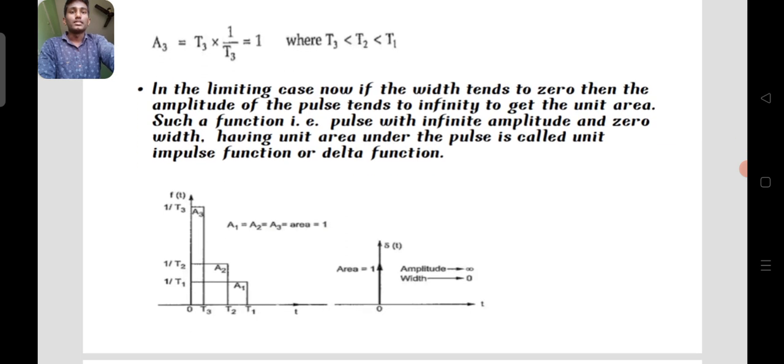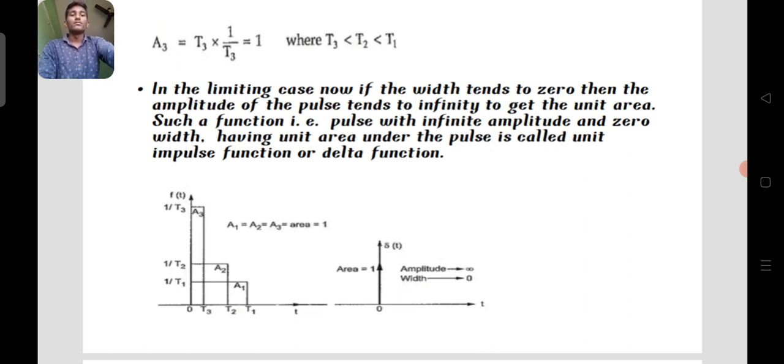In the limiting case, if the width tends to 0, then the amplitude of the pulse tends to infinity. Such a function, an impulsive pulse with infinite amplitude and zero width having unit area under the pulse, is called the unit impulsive function or delta function.